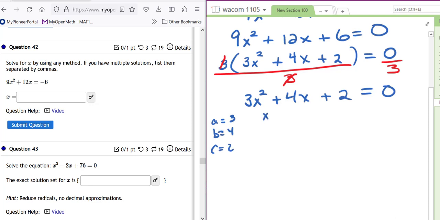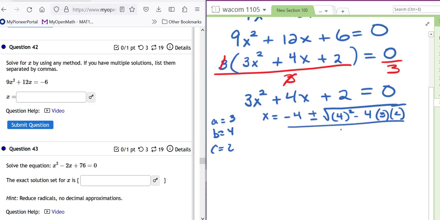And so X is equal to negative B, so negative 4, plus or minus the square root, B squared minus 4 times A times C, all over 2 times A. And so we have negative 4 plus or minus 4 squared is 16.